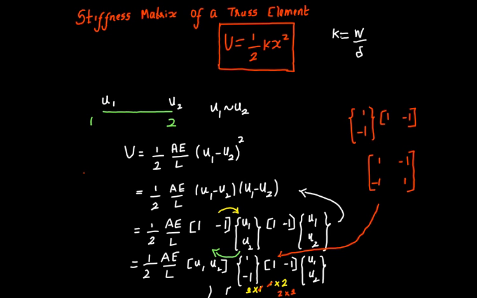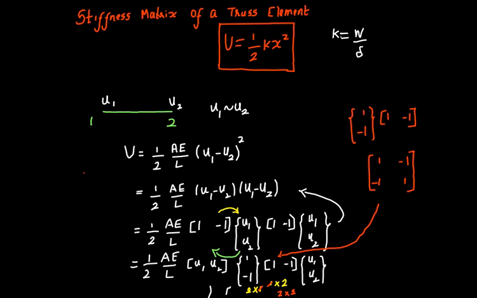It's going to be equal to, in the next step, 1 by 2 U transpose, because I'm writing the column as a row matrix. I'm bringing this A by L, which is kept outside the matrix.